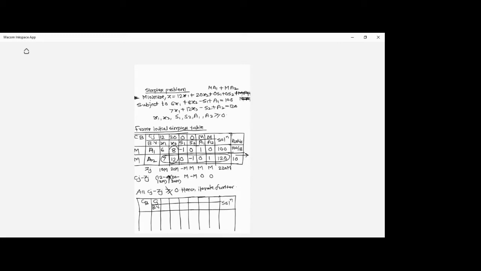Now solution: x1, x2, s1, s2, a1. I've specifically written this column a2 as well, but there is no need of writing this a2, right? I'll be telling you what I'm going to do here. So it is x2 and, oh sorry, this will be a1 only. A1, and instead of a2 we are going to write our x2, right?